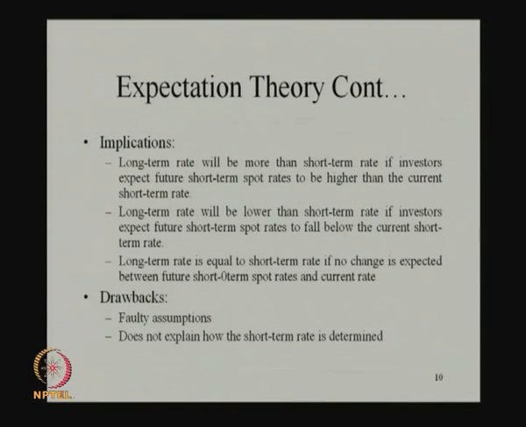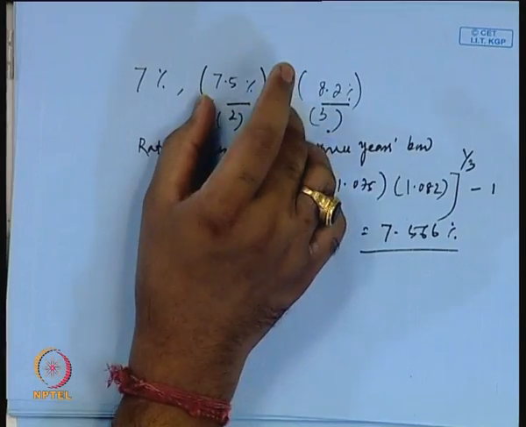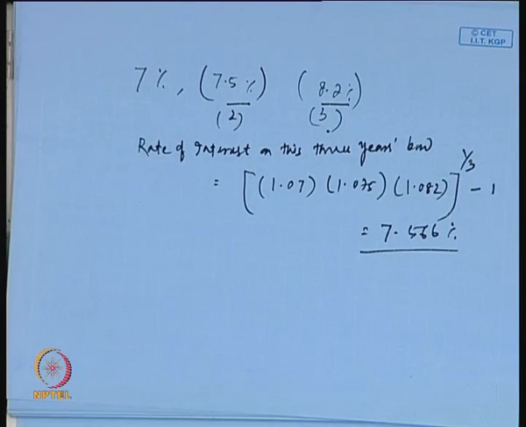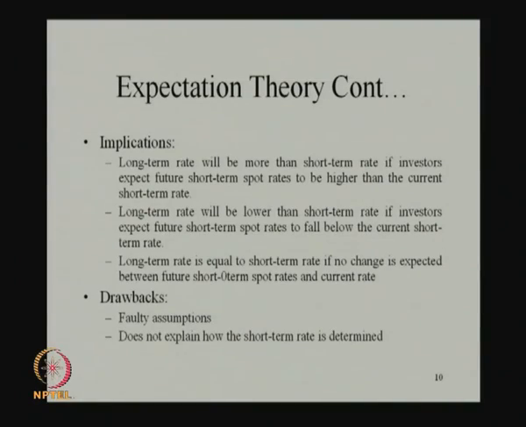So, after explaining this theory, what are the drawbacks? The drawbacks are, number 1, most of the assumptions the expectation theory has taken are faulty. Number 2, they have always talked about the short term forward rate, short term expected rate, or the short term rates, but they never explain how the short term rate is determined.